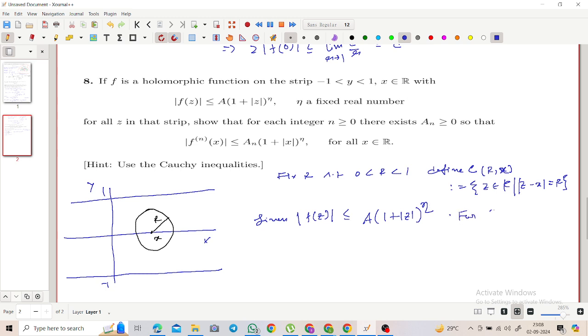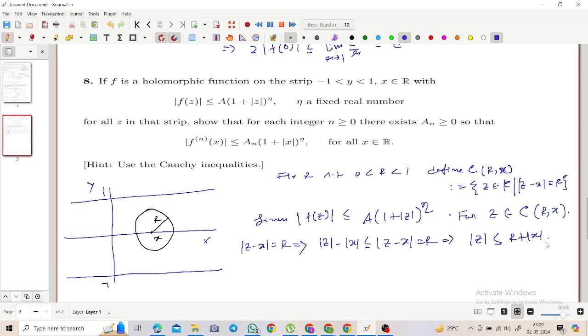For z belonging to C_r(x), we have mod z minus x is r. And we all know this inequality, mod z minus mod x is less than or equal to mod z minus x, which is equal to r. So this implies mod z is less than or equal to r plus mod x.